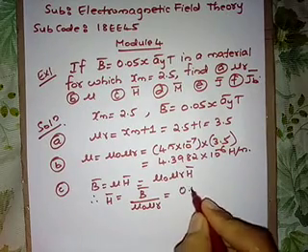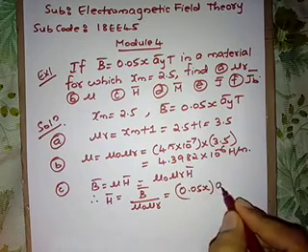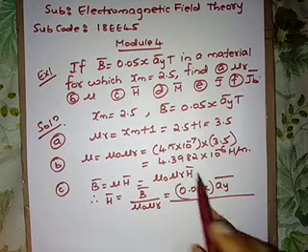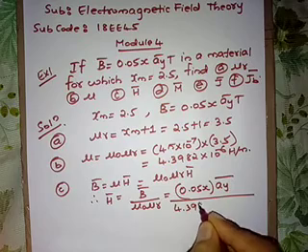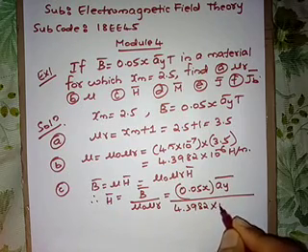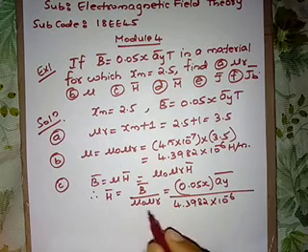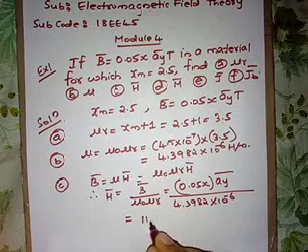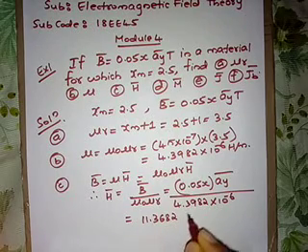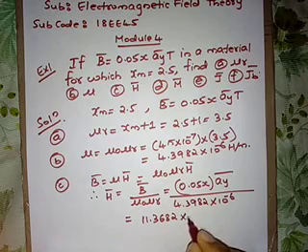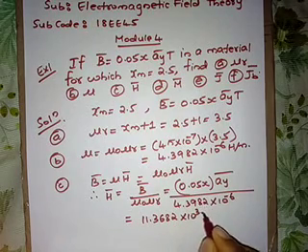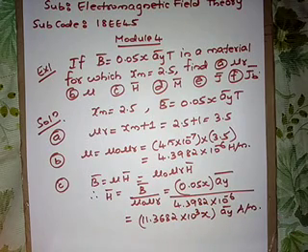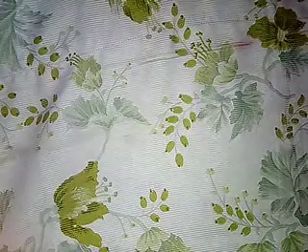B bar is given 0.05 x a_y bar, divided by mu naught into mu_r, just now we have calculated, 4.3982 into 10 to the power minus 6. So the answer is 11.3682 into 10 raised to 3 x a_y bar ampere per meter, right?